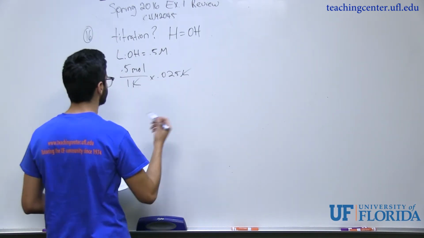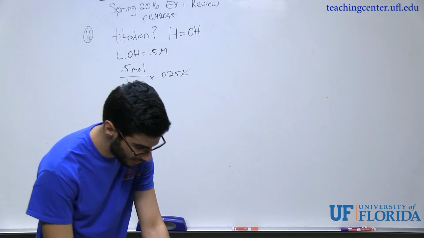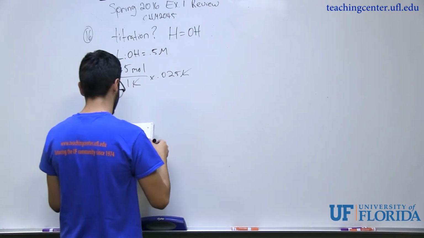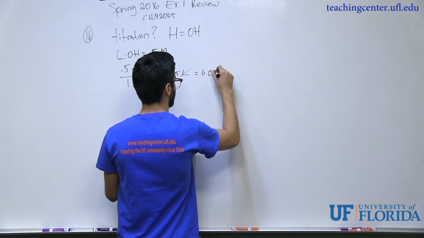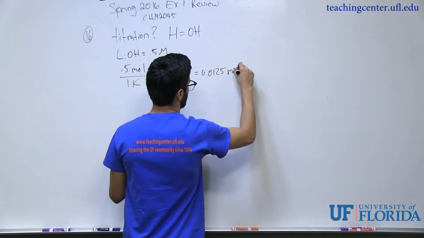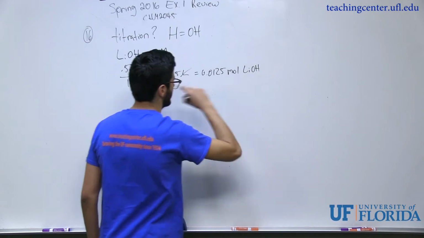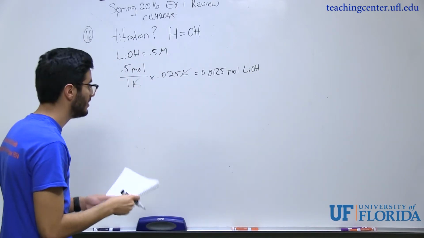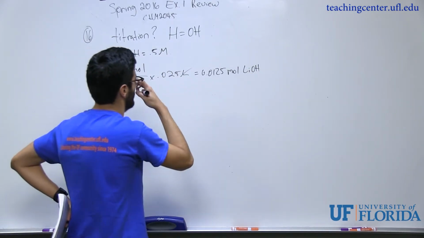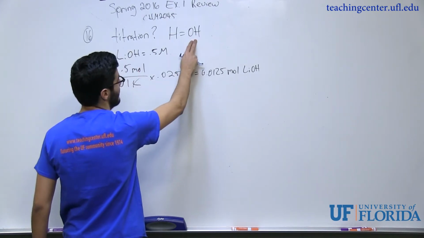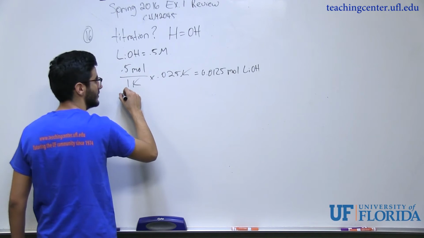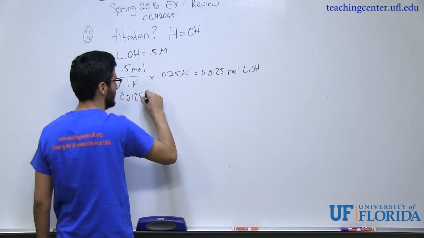So that cancels that, and that will give us our moles of LiOH, which is 0.0125 mole LiOH. So this is the amount of moles of LiOH I have. Let's do a little stoichiometry so you can see what I'm doing here.